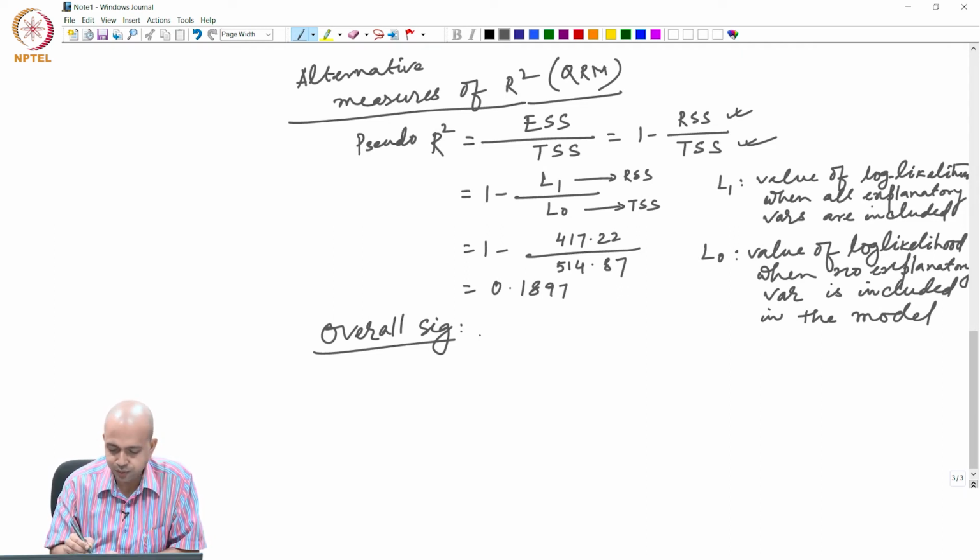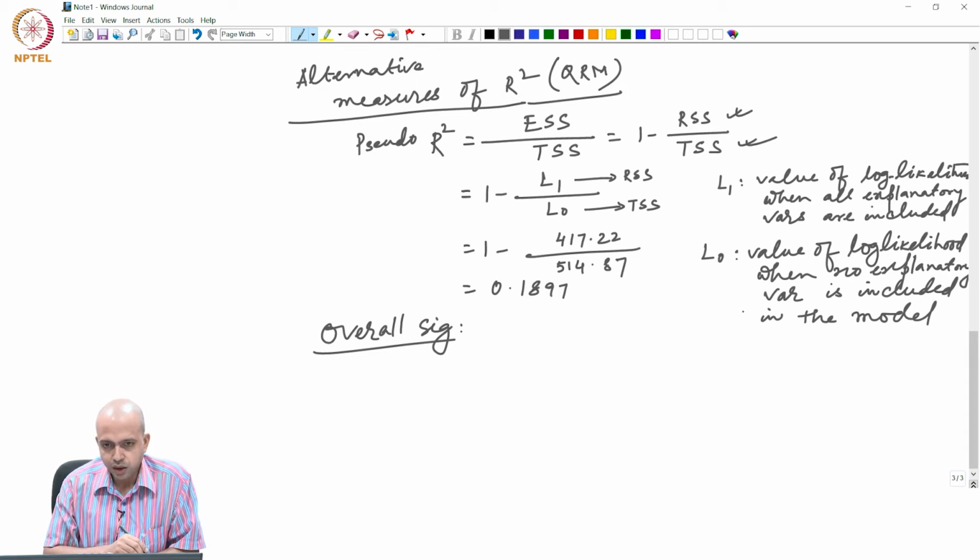If you estimate the model, then as I said, you will get L1 and L0, and L0 is the initial value of likelihood, L1 is the final value of likelihood when you include all the variables in your model, right.